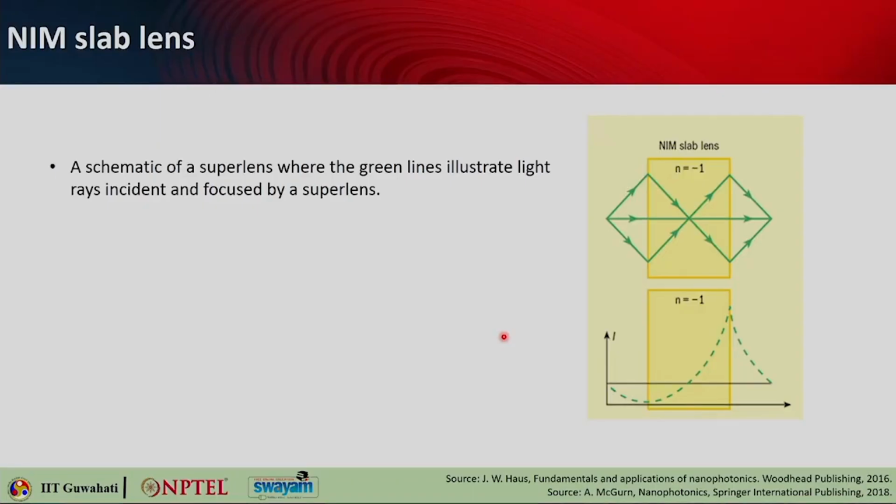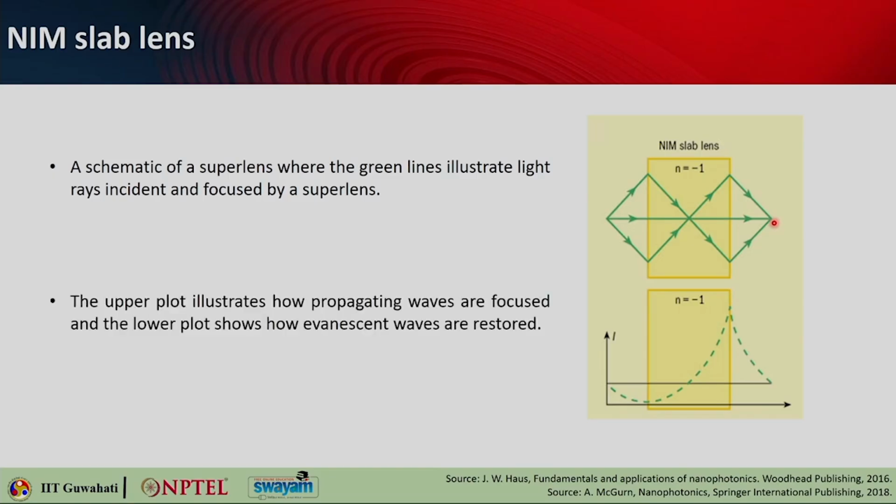So, if you use a negative index material slab as a lens, you are able to obtain a super lens where light can be focused at a particular point perfectly. This plot shows the evanescent field, which is getting amplified. What is this one? This is showing the propagating waves, which is perfectly fine.